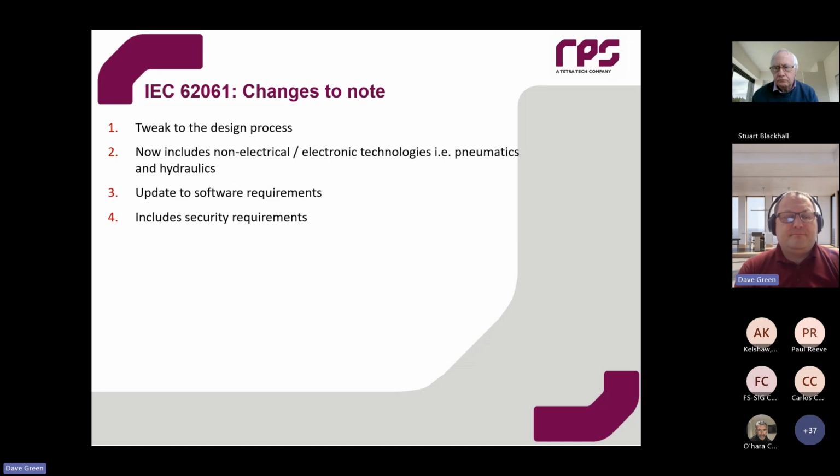It's a very brief mention of security. It's not intended to replace the IEC 62443 series or ISO 27001, for example. But there's mention in there that we ought to consider security when designing our machines and those safety functions.